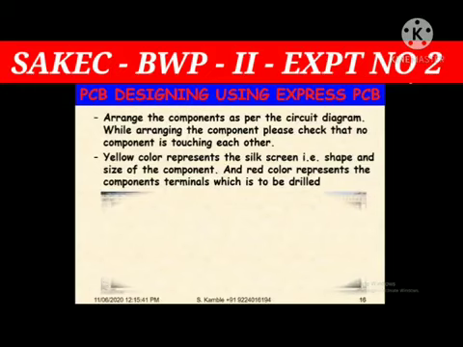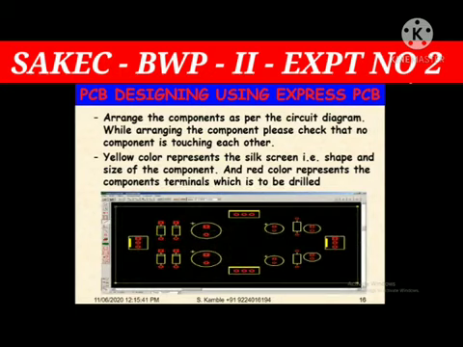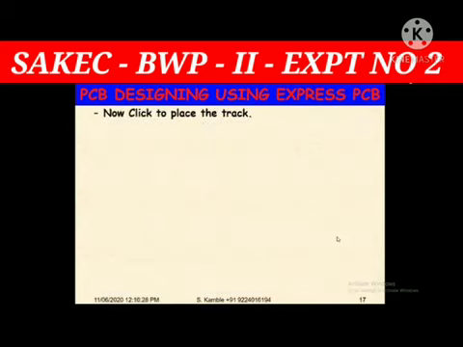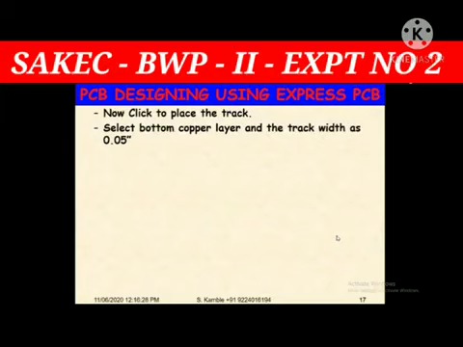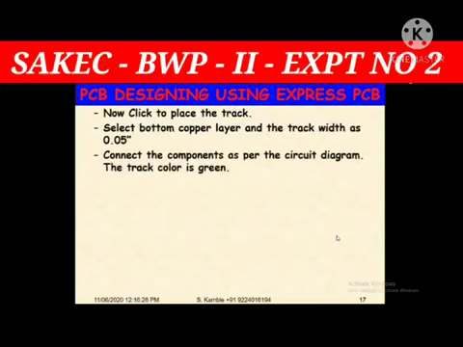After that it looks like this. So this is my transformer connection, this is my bridge rectifier, then filter capacitor, 7805, 7905, output capacitor, resistors, LEDs and output terminal. After that you have to connect these wires. For that you have to click on track, select track width as 0.05 inch, connect the components as per the circuit diagram, and the track color is green.